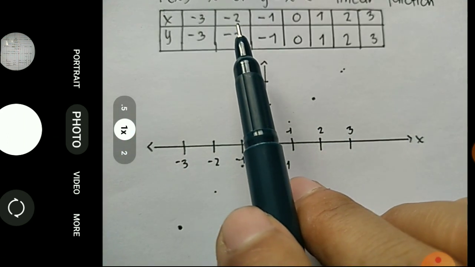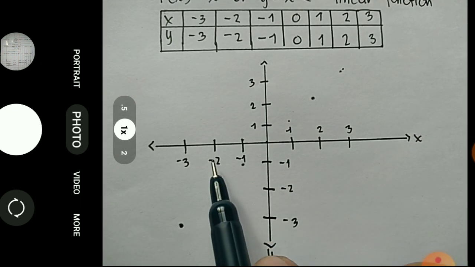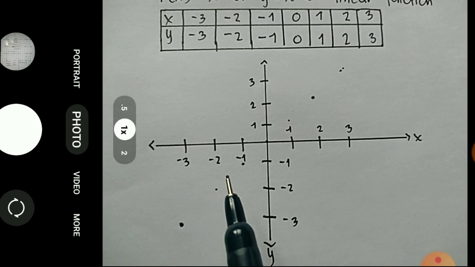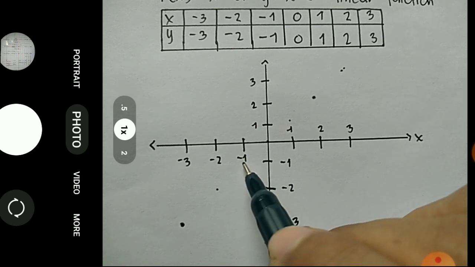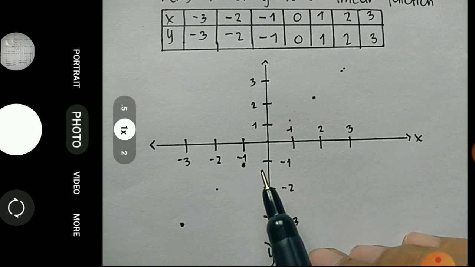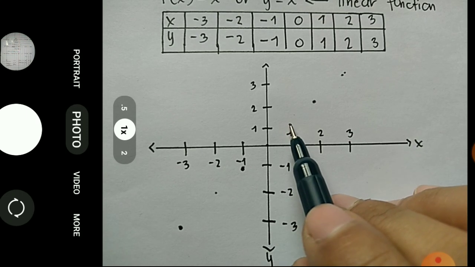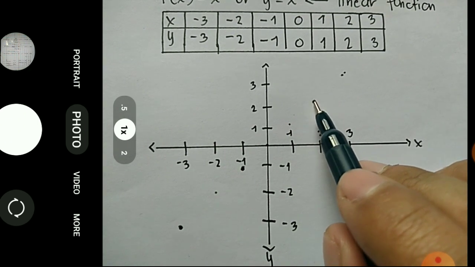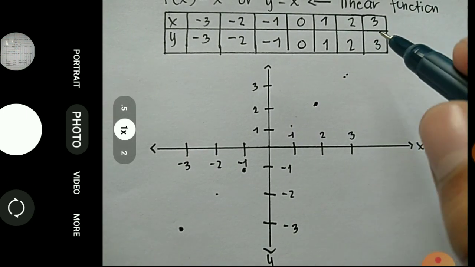If x is equal to negative 2, our y is right down here, also equal to negative 2. If x is equal to negative 1, y is also negative 1. If x is positive 1, y is also positive 1. And if x is positive 2, y is also positive 2.